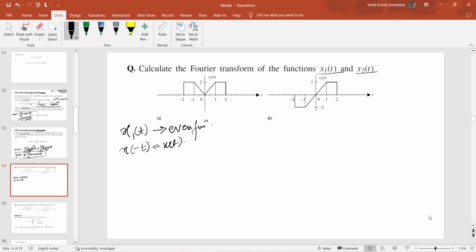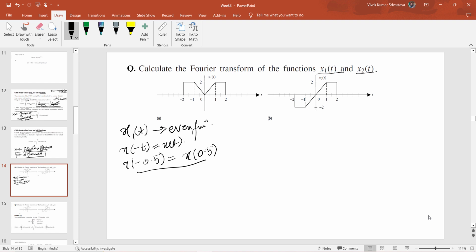For example, if you evaluate x of minus 0.5, this will give the same value as x of 0.5. That's why it is an even function.